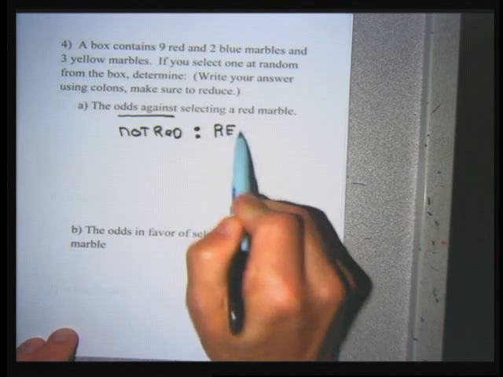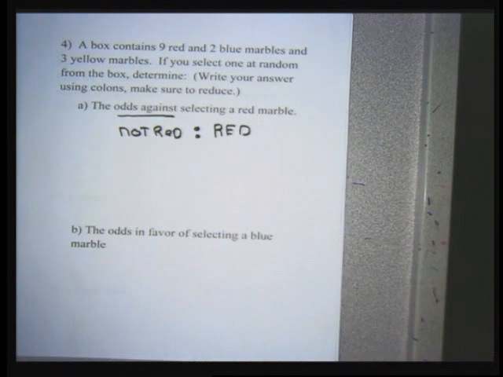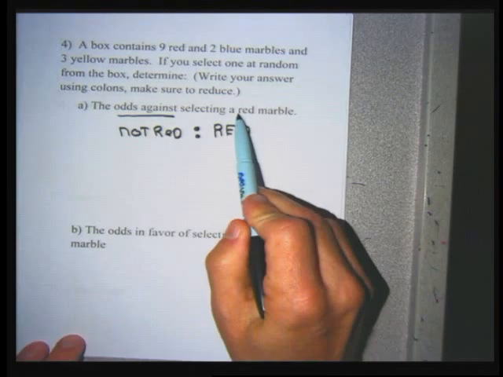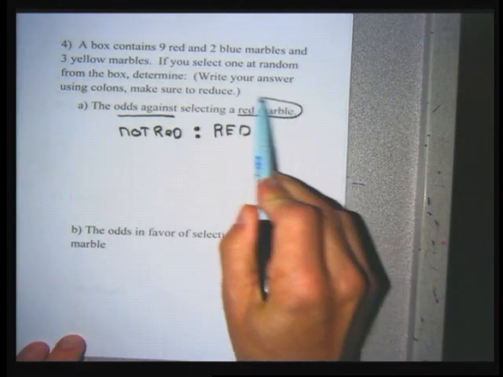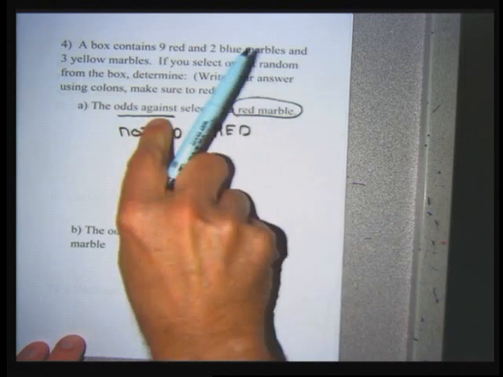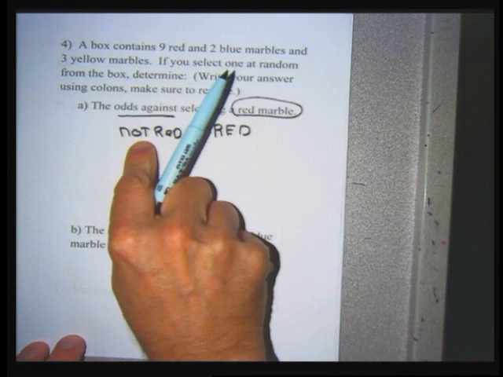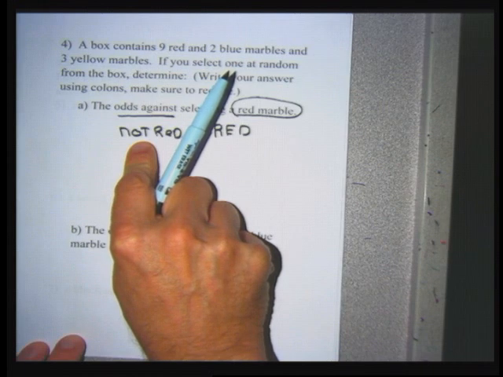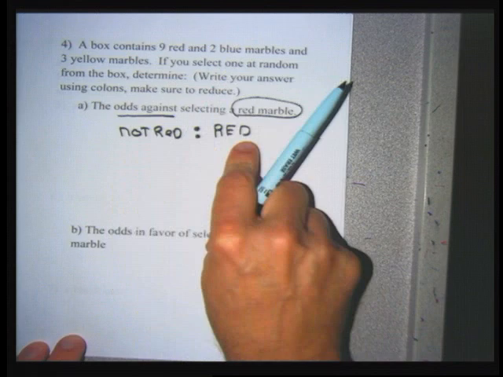So when we do odds, we split the sample space into those that don't have the desired characteristic and those that do have the desired characteristic. When it's against, those that don't have the desired characteristic go first, and when it's for, those that don't have the desired characteristic go second.